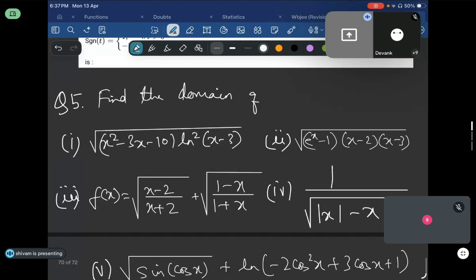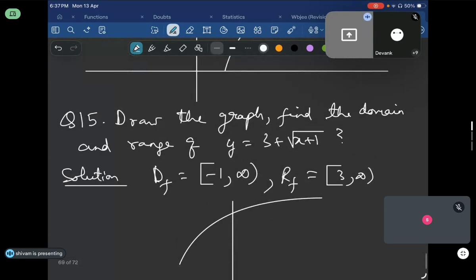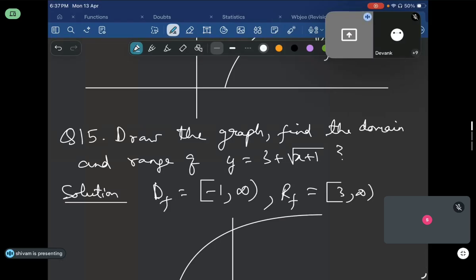This was the last thing we had done, right? Wait, let me see. Draw the graph, domain. Just give me 1 minute.